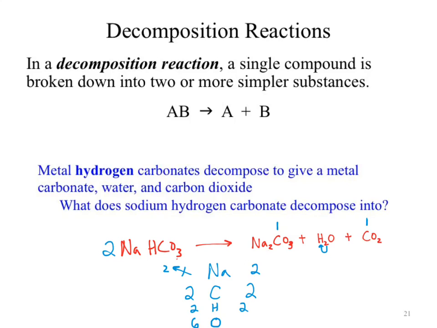Everywhere. So we have to make sure we count it in each of those positions. There are 3 oxygens from our sodium carbonate, plus 1 oxygen from our water, plus 2 oxygens from our CO2, and we end up with 6. Is our oxygen balanced? Yes. So what do we do? Check it. Okay, you go back to sodium and go all the way through. Okay, and what we should find is that in theory we are now balanced.